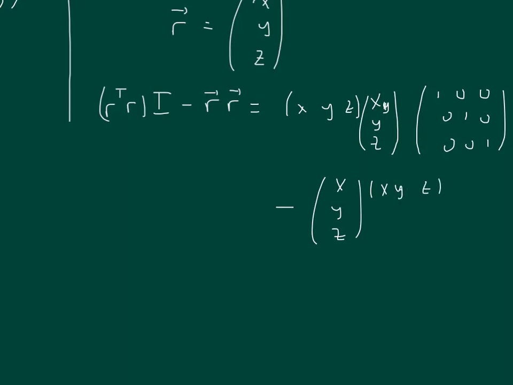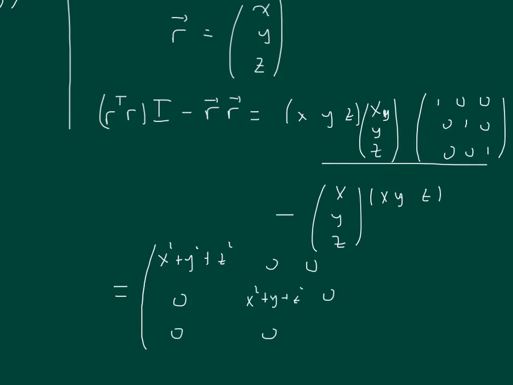Okay, and that's going to be equal to the identity matrix where each element on the diagonal is going to be x squared plus y squared plus z squared.